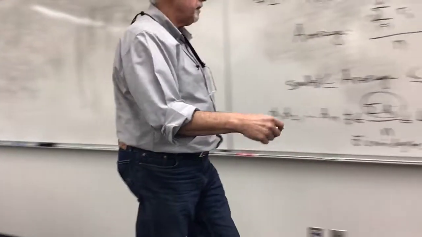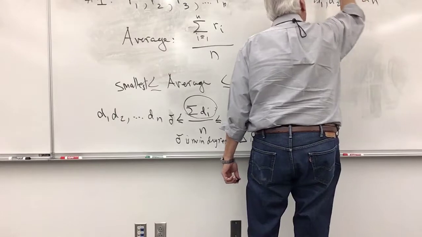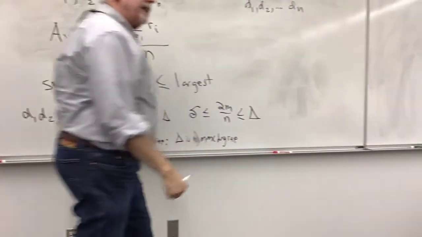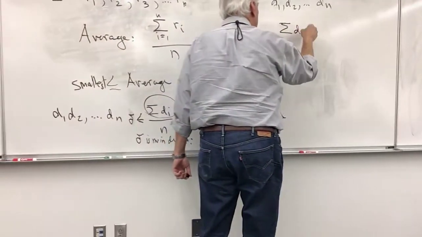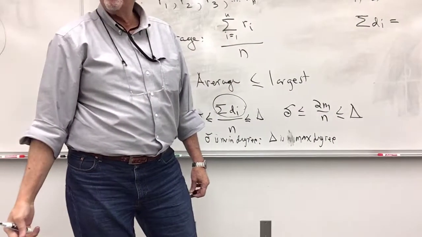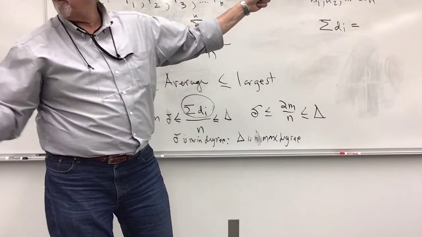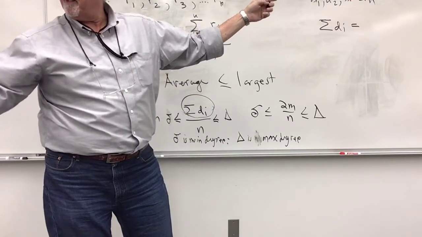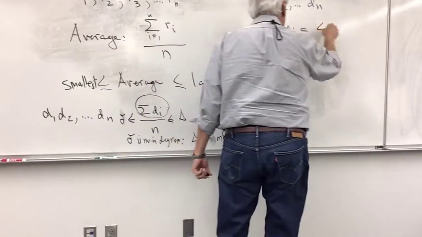What can you tell me? This is an n2n graph, so 2n is the number of edges. And what do I know about the sum of the degrees? The sum of the degrees is twice the number of edges. Oh, but what is the number of edges here? Twice 2n, which is 4n.